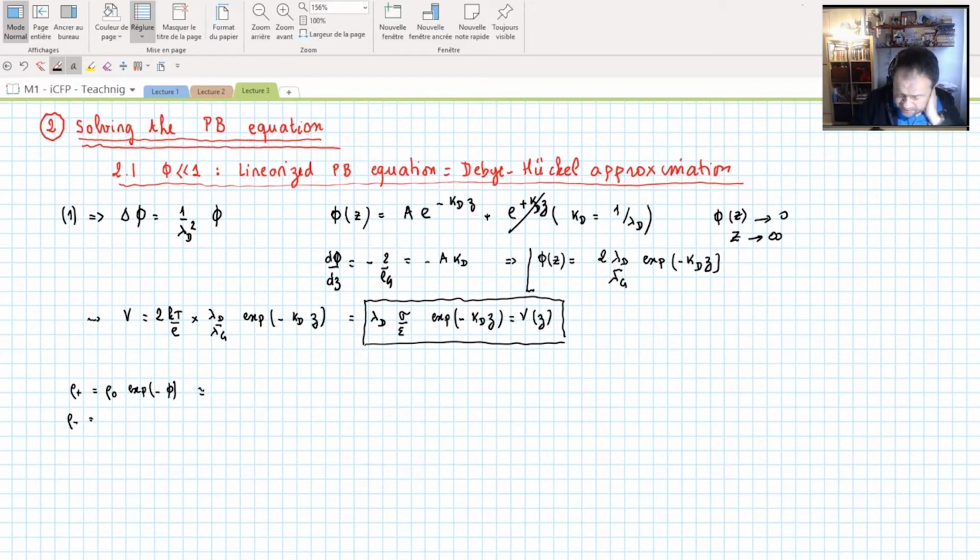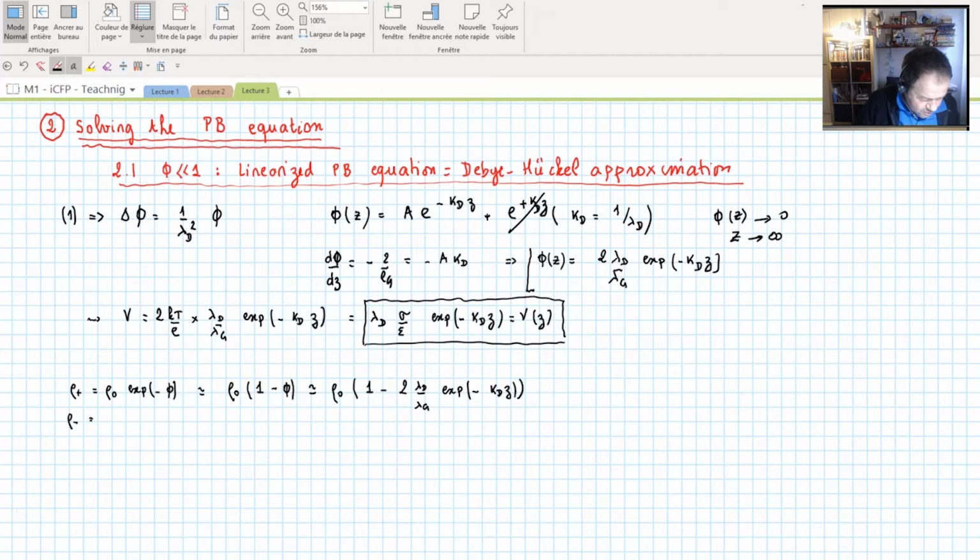If phi is smaller than 1, it will be rho naught times 1 minus phi, and at the end, rho naught times 1 minus 2 lambda_D over l_G exponential of minus kappa_D z.